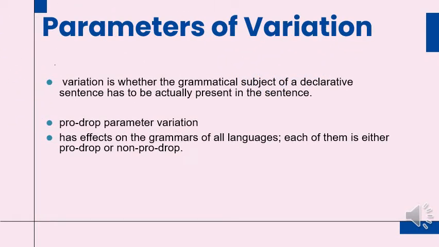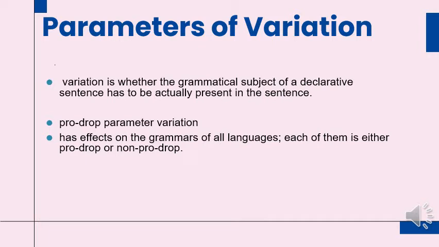Parameters of variation. One variation is whether the grammatical subject of a declarative sentence has to be actually present in the sentence. In German, it is possible to say "Er spricht", he speaks, but impossible to say "Spricht", speaks. Declarative sentences must have a subject.